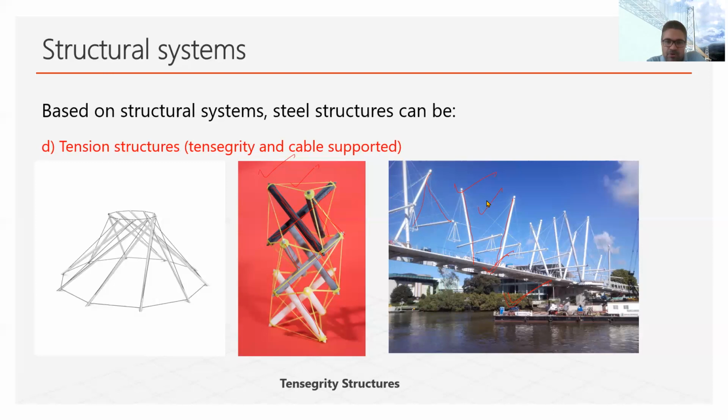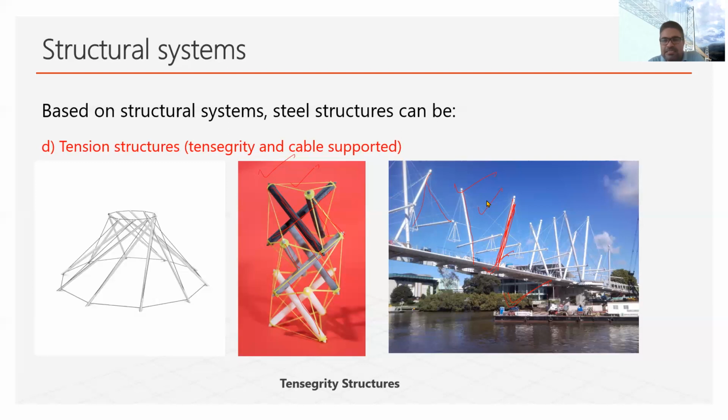If I talk about the concept of tensegrity structures, the members used may be either in compression or in tension. The benefit of providing these two members is that this rod will carry compression only, so it will fail only when it achieves its maximum strength, after which it will collapse.